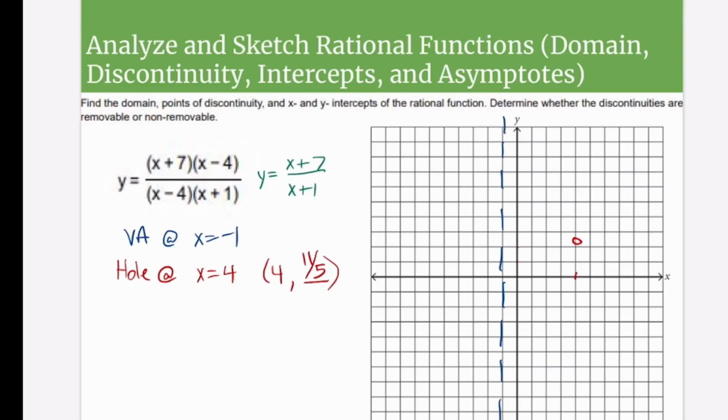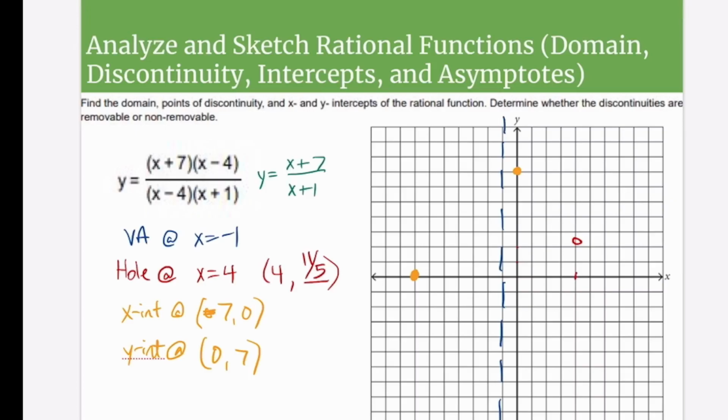So we have our vertical asymptote, we have our hole, our x-intercept is at -7, 0, and our y-intercept is at 0, 7. So 1, 2, 3, 4, 5, 6, 7. There's our y-intercept. Our x-intercept, 1, 2, 3, 4, 5, 6, 7.